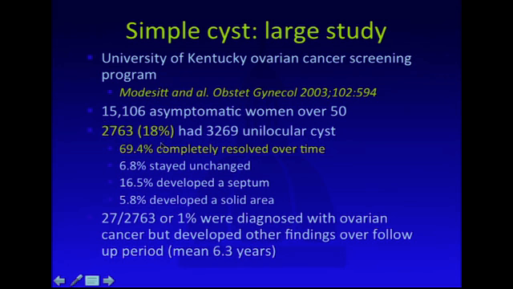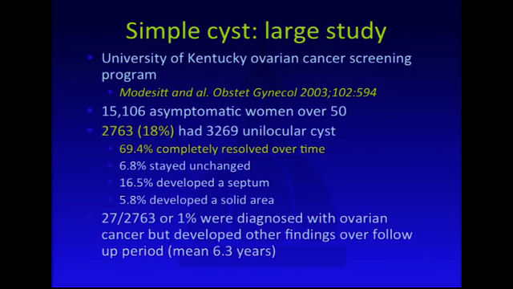About 18% of these had unilocular cysts, and they followed these patients, and the vast majority completely resolved over time, 69.4%. 6.8% stayed unchanged, and a small minority developed something within it. So 16.5% developed a septum, 5.8% developed solid areas. And out of these women, about 1% were diagnosed with ovarian cancer, but usually it was a screening study for ovarian cancer, right?